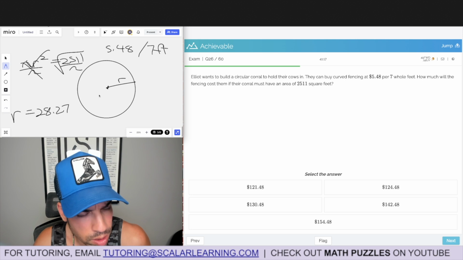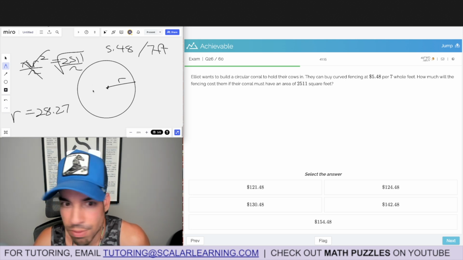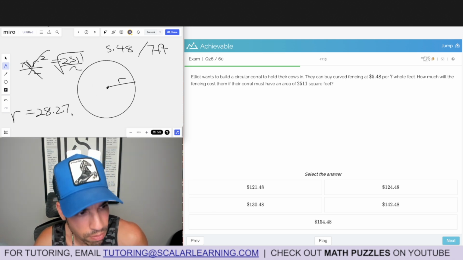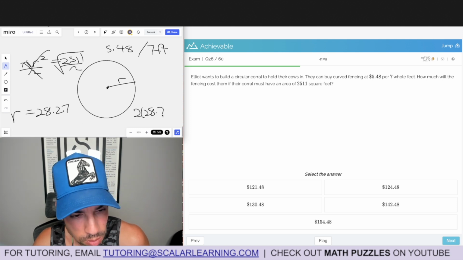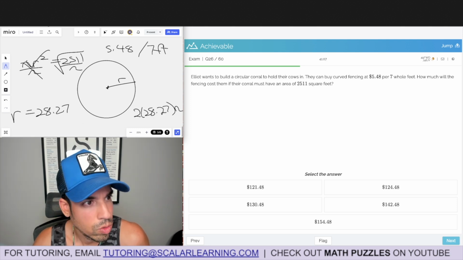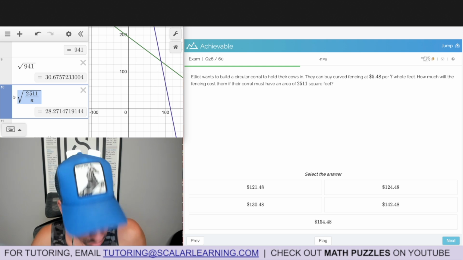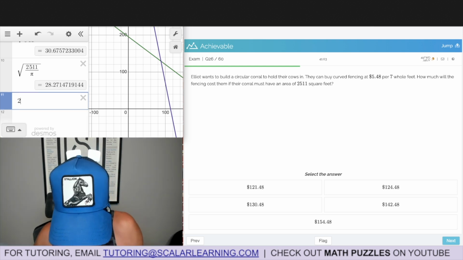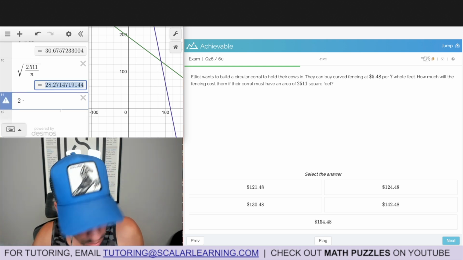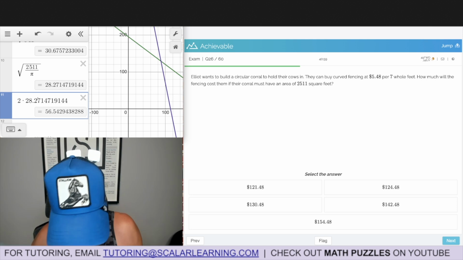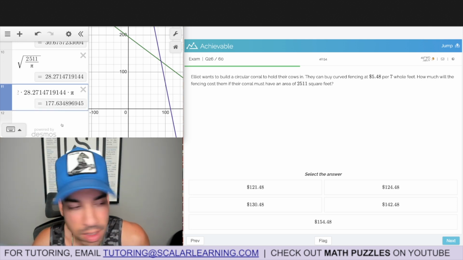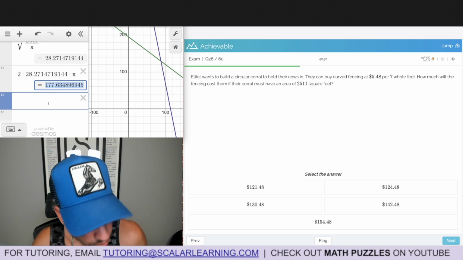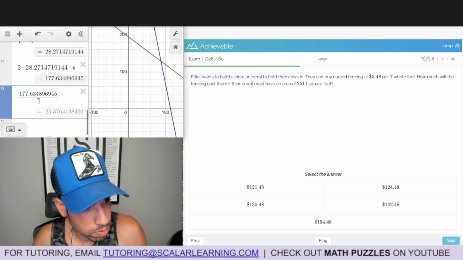And now we need to know the amount of feet, and that's the circumference. So 2 times 28.27 times pi. And then that's the amount of feet, and then we have to divide it by 7, right?